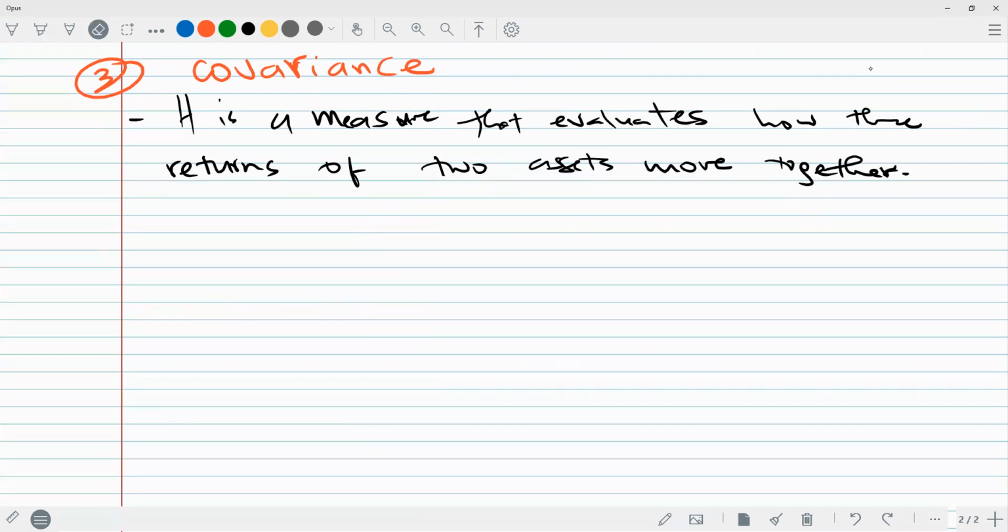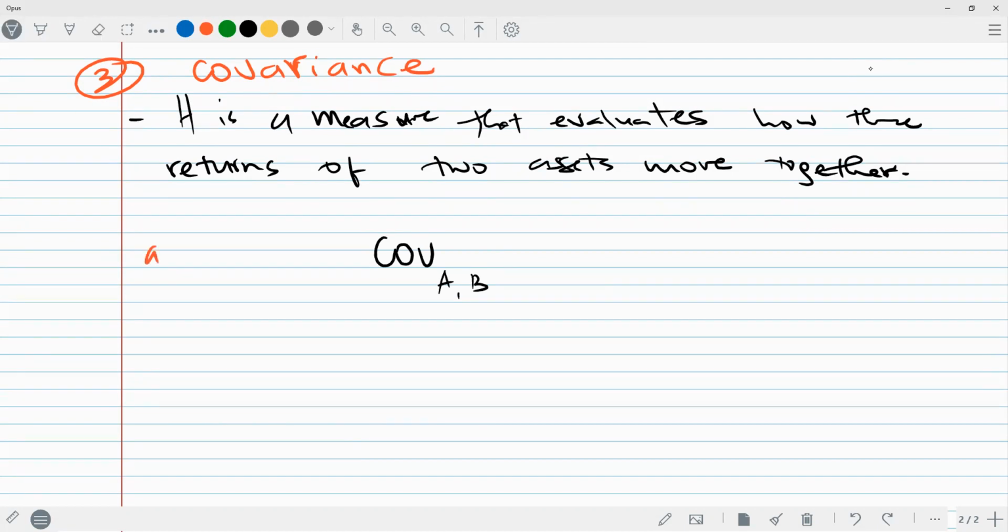Covariance, let me just represent it as COV, the covariance of asset A and asset B, or X and Y, is given as follows. Let me begin with the population.